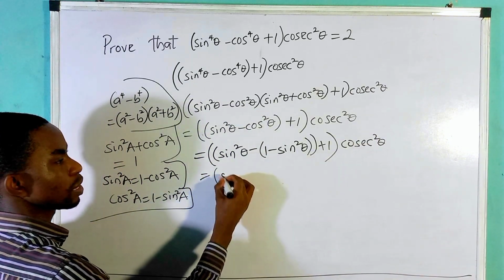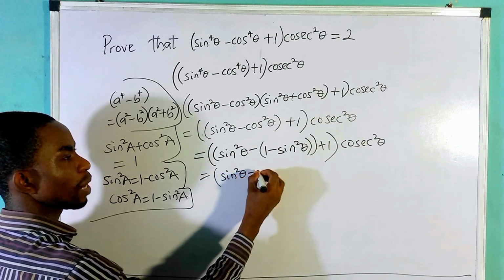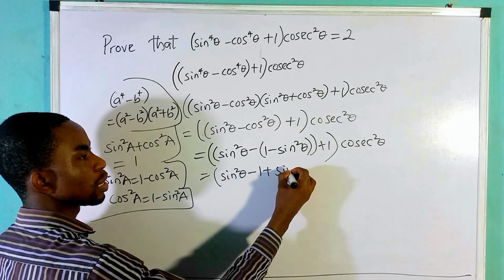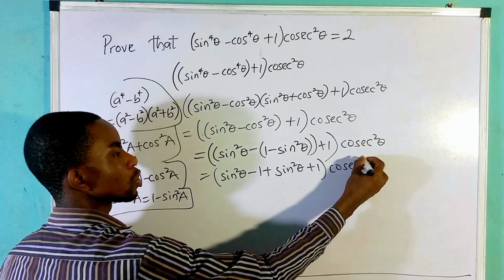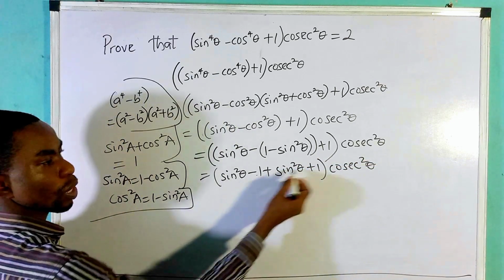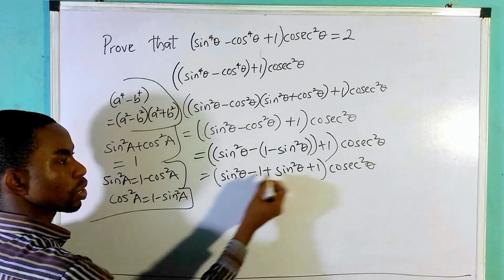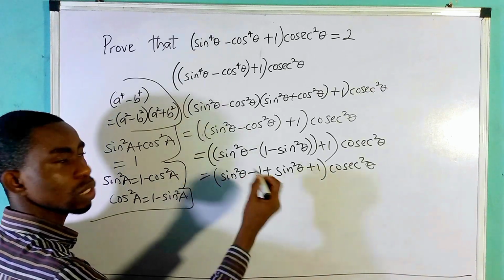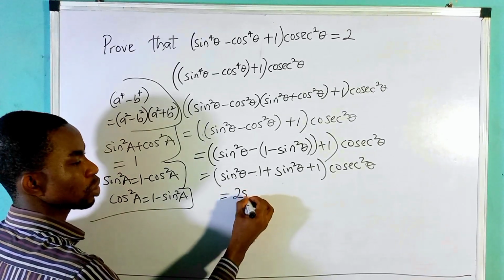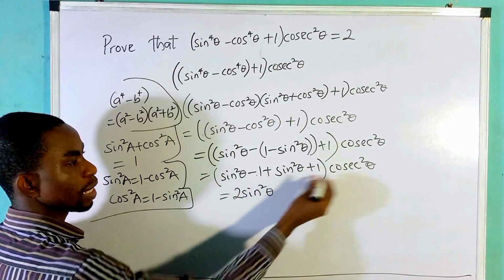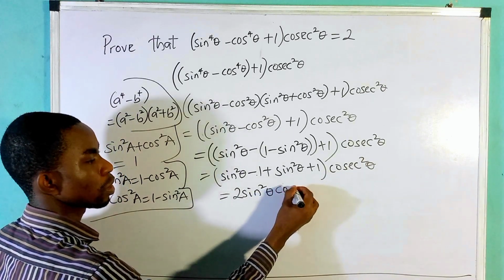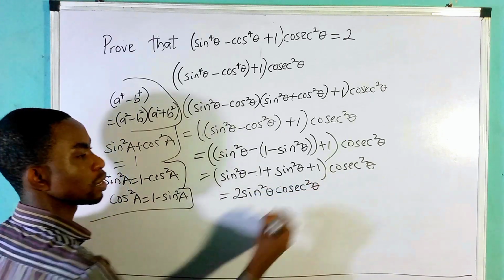Now we have sine square theta minus 1 plus sine square theta plus 1 multiplying cosec square theta. Minus 1 plus 1 is 0. Sine square theta plus sine square theta is 2 sine square theta. So we have 2 sine square theta, plus 0, which doesn't matter, and then it's multiplying cosec square theta.